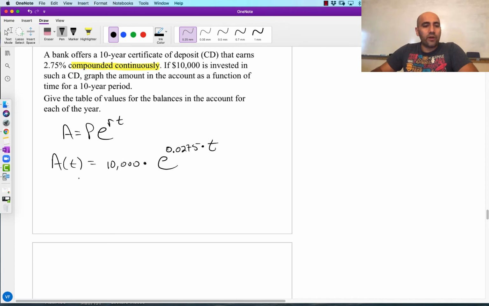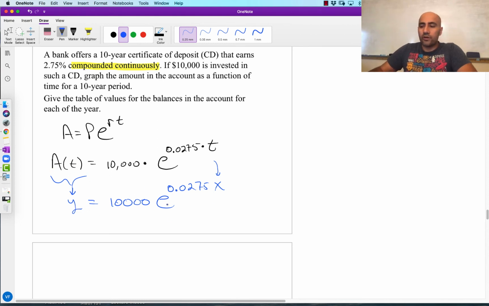Now, when we graph it on our calculator, your calculator doesn't like t's, right? They like x's. So on our calculator, we're going to come back and rewrite this as y, the output is y, equals 10,000 e to the power of 0.0275x. So we know that the t is being replaced by an x, and the A of t is being replaced by a y.